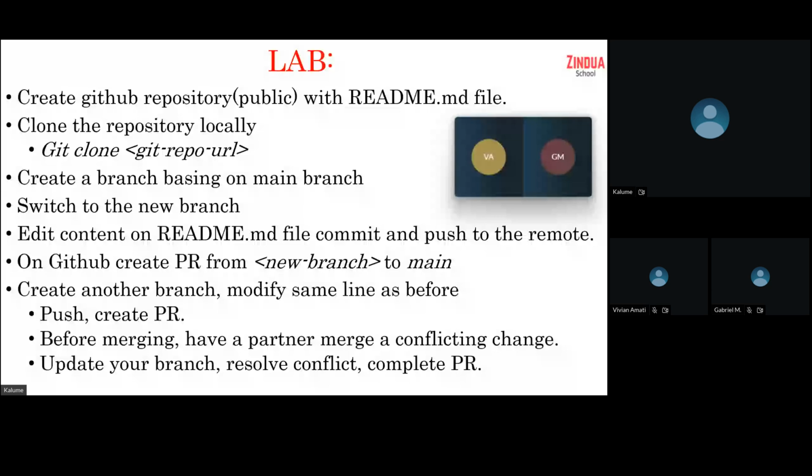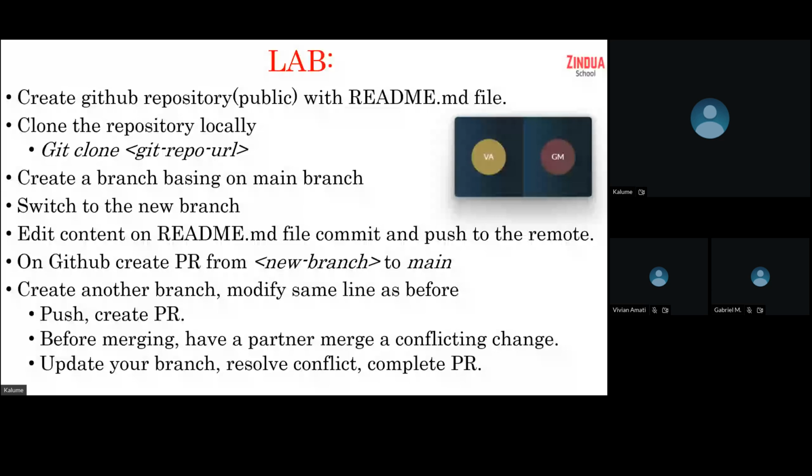I'll also do the same. So I'll merge, then you'll need to align yourself and resolve your conflicts. You need to get my changes first, resolve the conflicts so that you can merge your code on the main branch, and also the third person does the same.